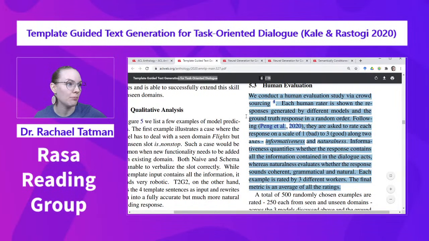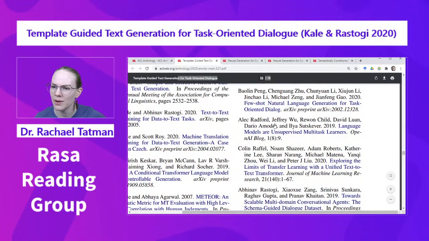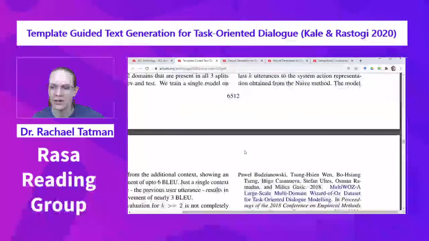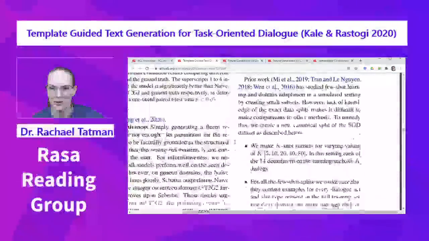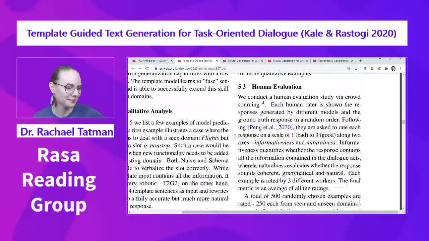I really do like that they pulled these apart following, I think, this other thing. Have you read this? Thought natural language generation for granted dialogue. It sounds familiar, but I don't remember if it sounds familiar because I read it or because there's so much overlap in papers.